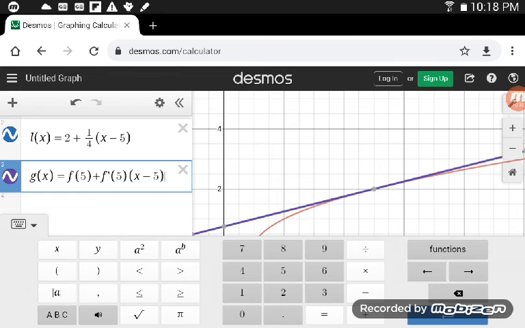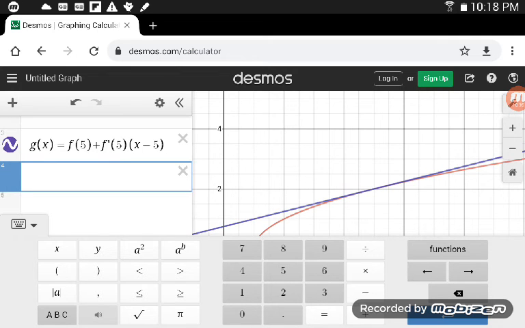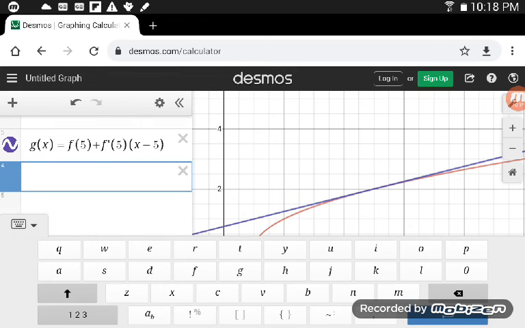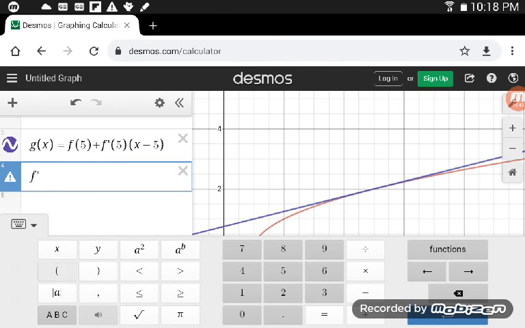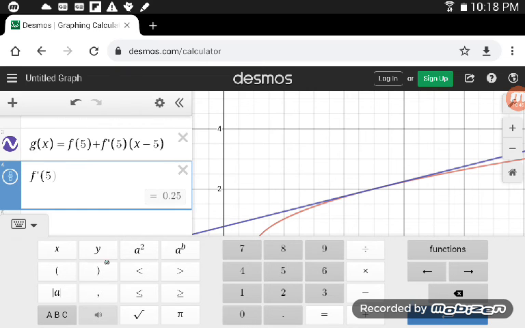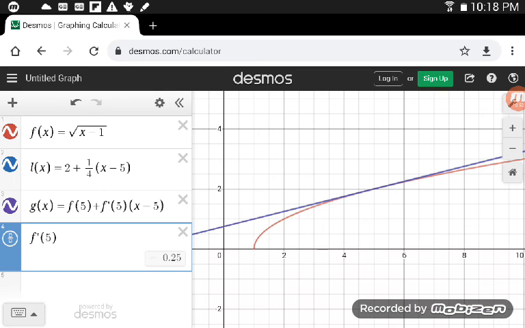And if I need to know what that is, well, I'll just come down here and say f prime at 5 and 0.25. And it's even got this fraction thing. I couldn't seem to turn stuff off, but I'll see if I can. Yeah, I'm not sure why I can't.